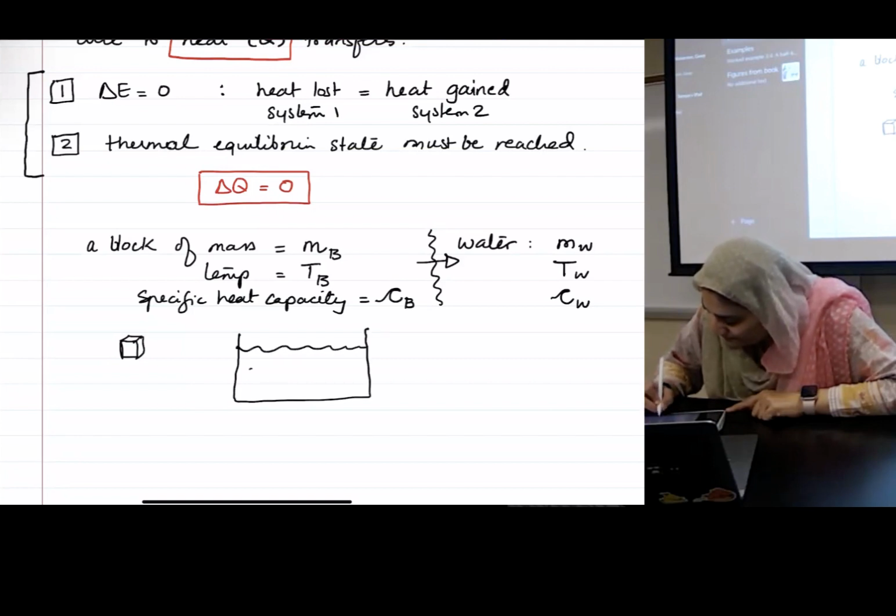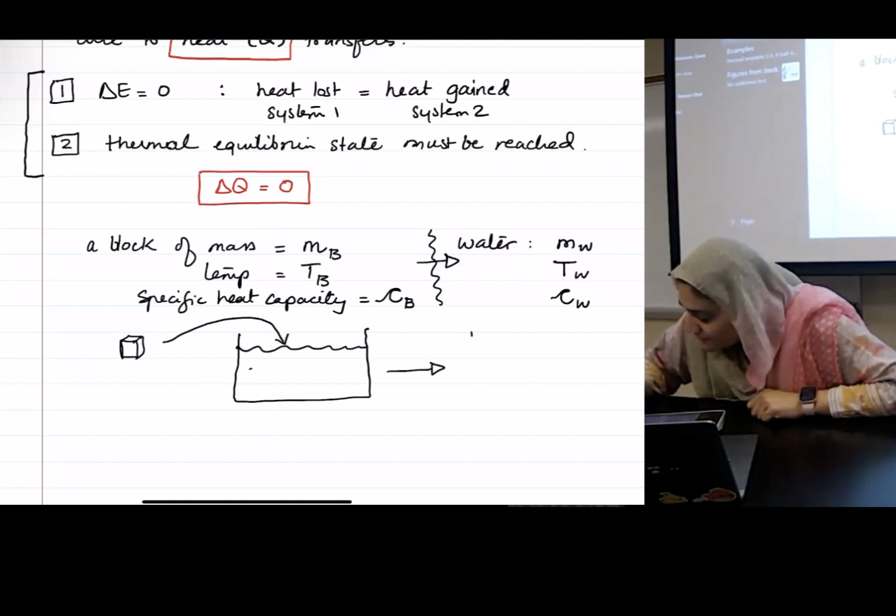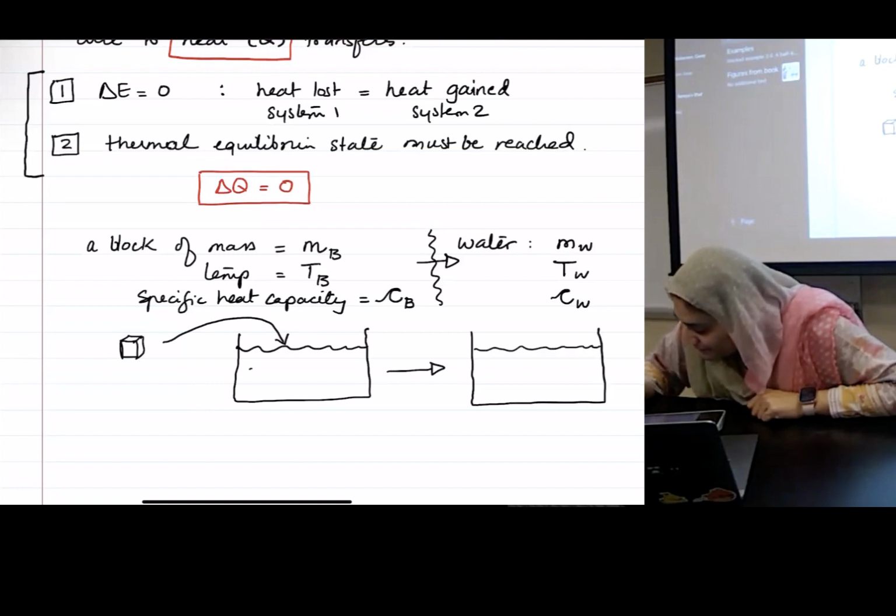What will happen? The block will cool down and the water will warm up, until they both reach thermal equilibrium, the final temperature T.